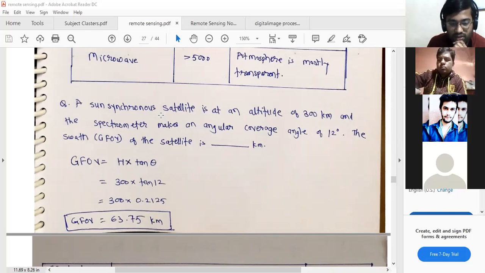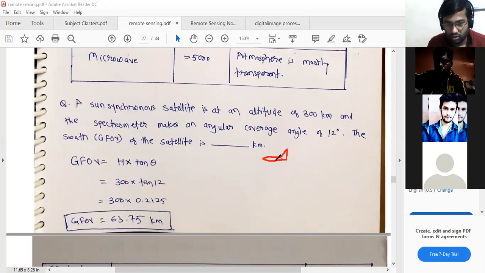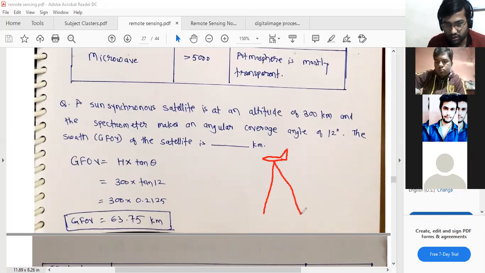The swath, GFOV. We have studied the IFOV, instantaneous field of view. Let's first understand what GFOV is. Let's say this is your plane. IFOV is the angular cone of visibility. This theta is your IFOV.